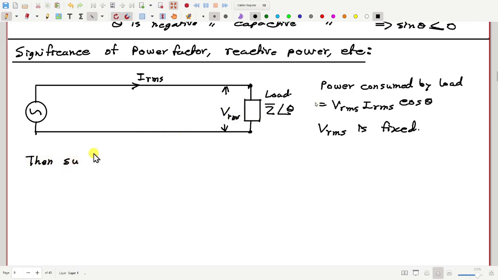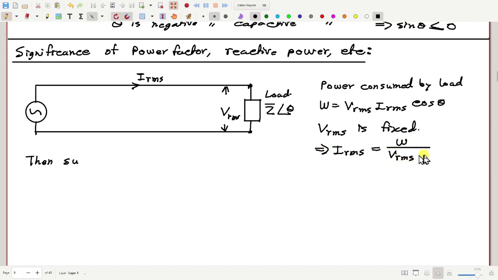Suppose we need a power, and let me call this power W. Then we can write that IRMS is equal to W by VRMS cos theta.